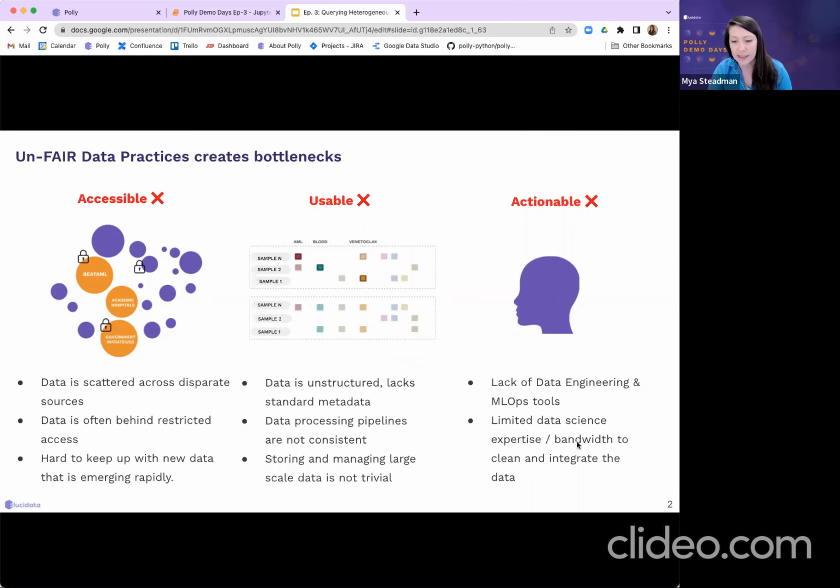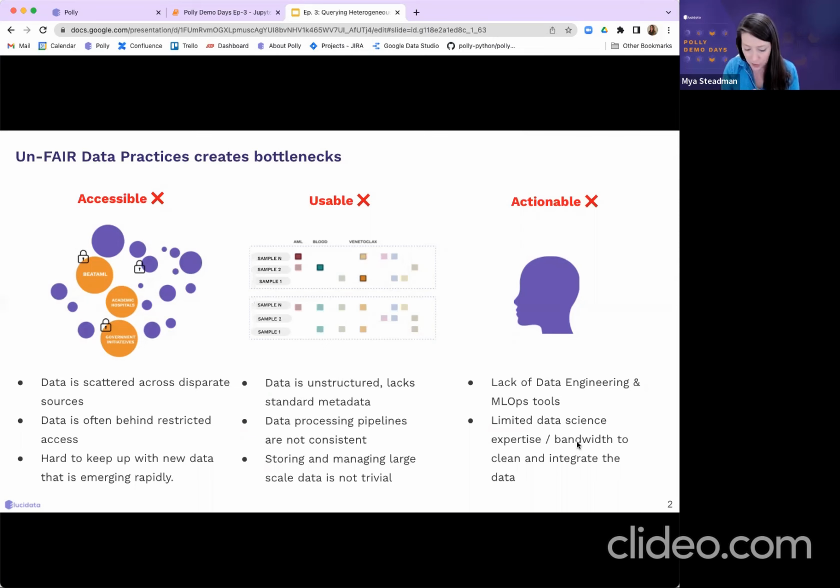And then finally, there's just a lack of data engineering, structure and tools to really make the most of the data that is available. And when you do have the tools, you often need some pretty intense domain expertise and domain knowledge to understand those data structures and actually be able to take the data out and use it.